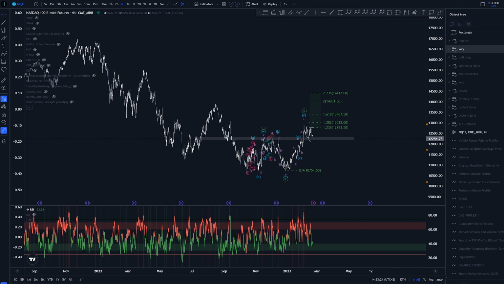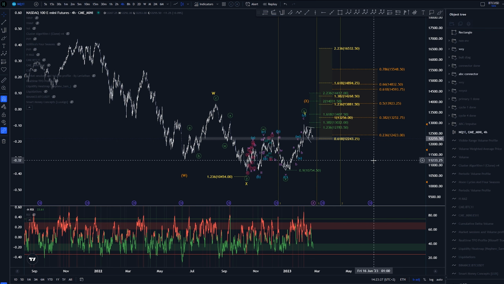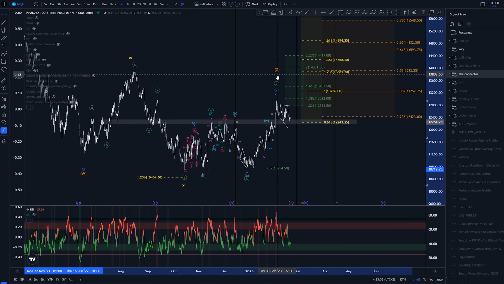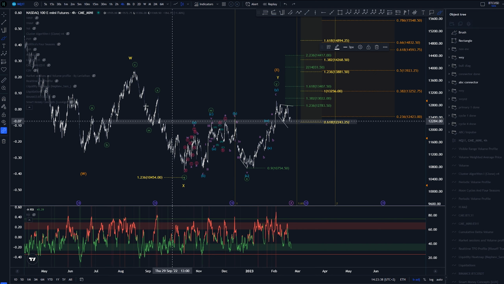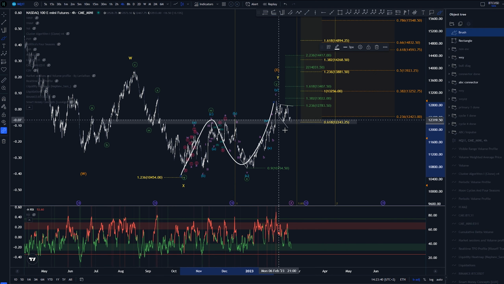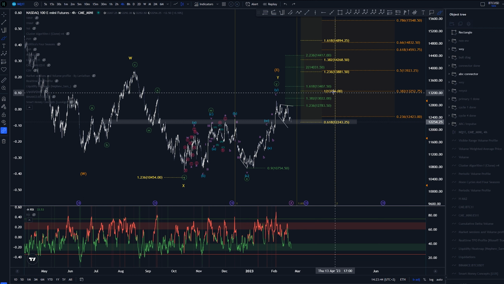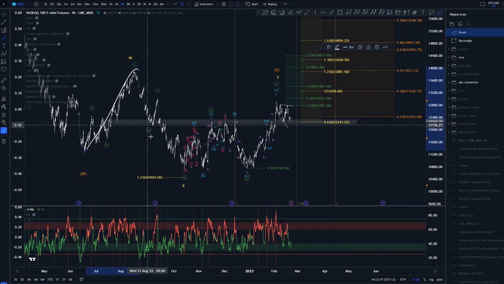Then we had the WXY count here, more locally, and let's go with the favorite count that I had, which was the W and X here. Within this wave X of this intermediate degree, let's bring that up a bit, we would have already completed a 3 wave here, a 3 wave here, and then another 3 wave here. Of course, this has not really extended too far. We have not even hit the 1-to-1 extension of this wave W here. But again, as this has retraced below the origin of this wave W, we don't need to be extending too far.